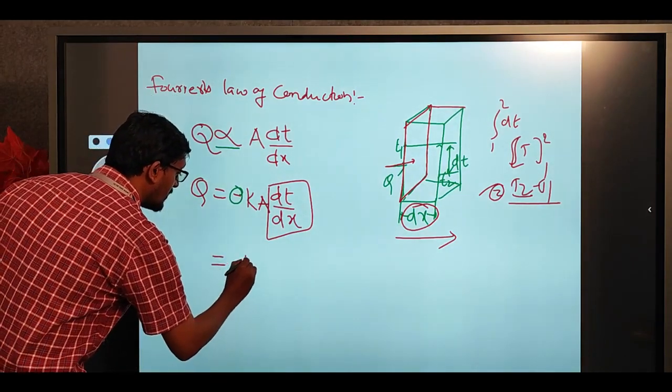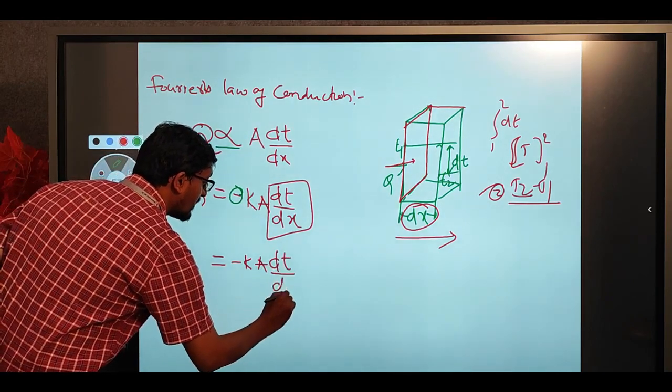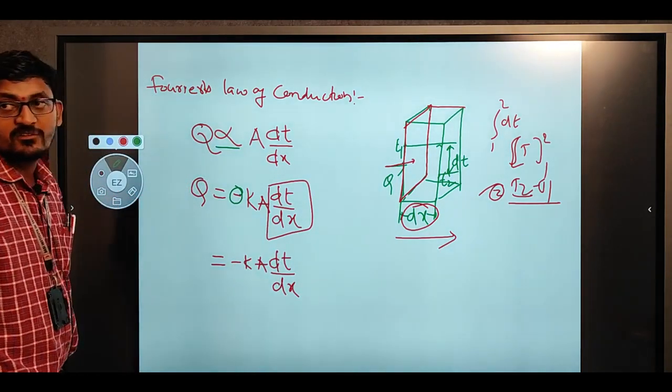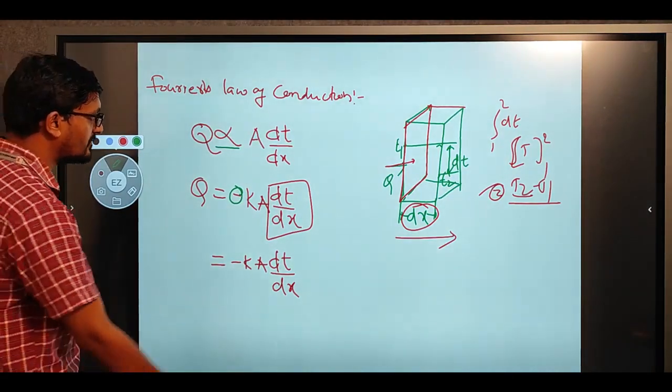And finally we have the equation Q equals minus kA dT by dx. This is our Fourier's law of heat conduction. Okay.